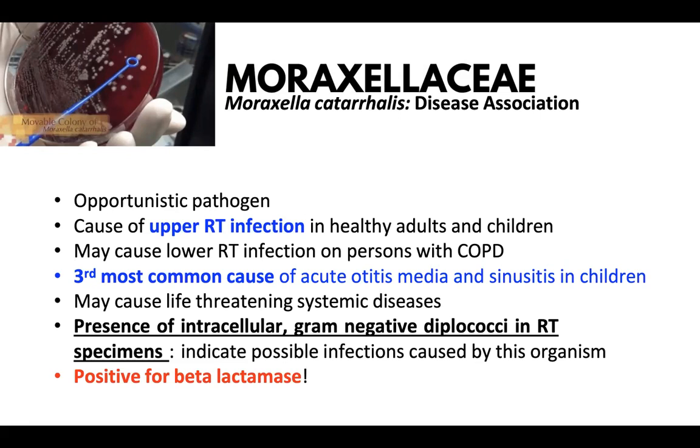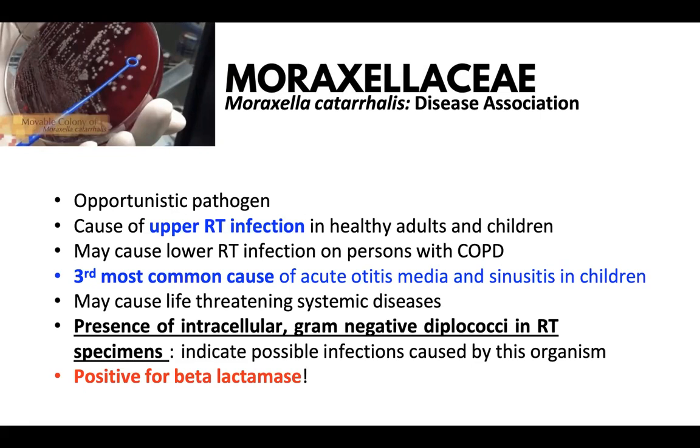So it's an opportunistic pathogen and may cause severe infections in people with underlying conditions. So apektuhan pati lower respiratory tract. For healthy individuals, upper respiratory tract infection lang. So simpleng ubo, o pangangati ng lalamunan, mga ganyan.